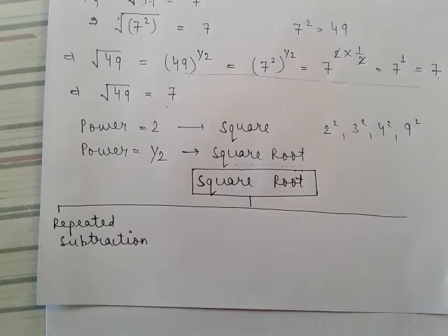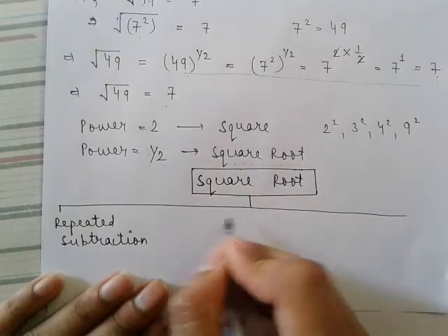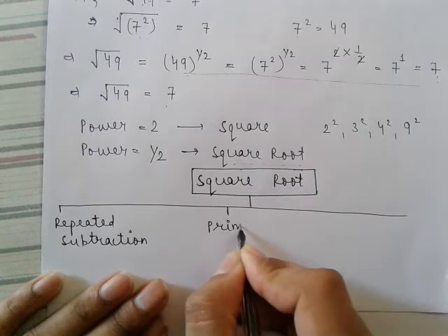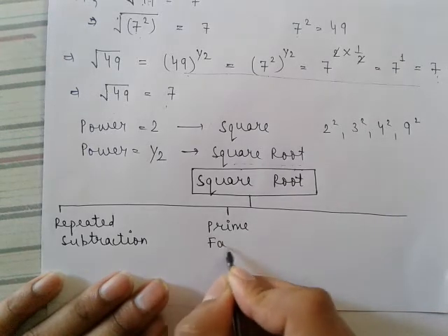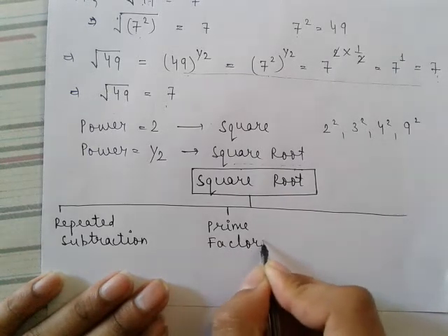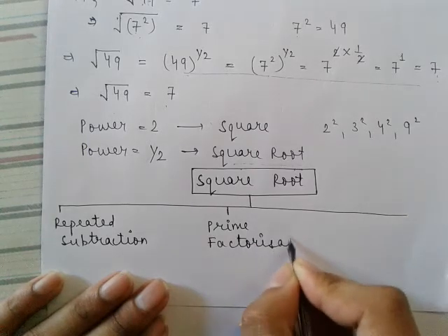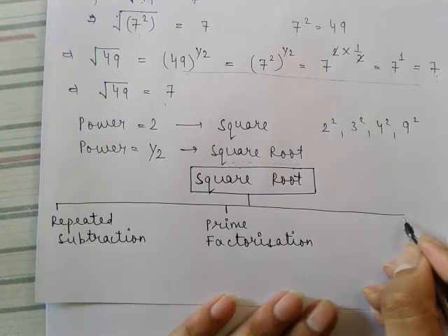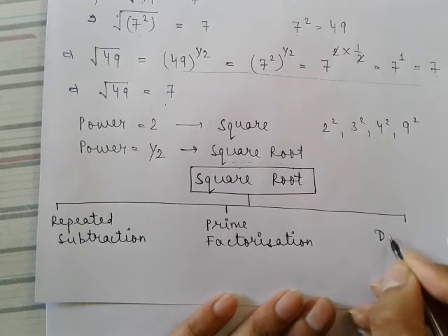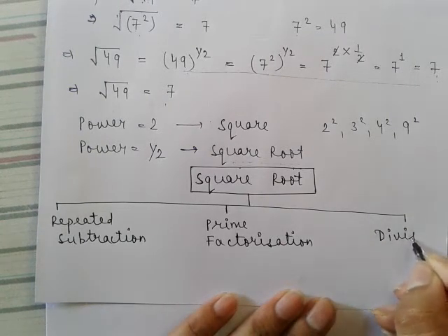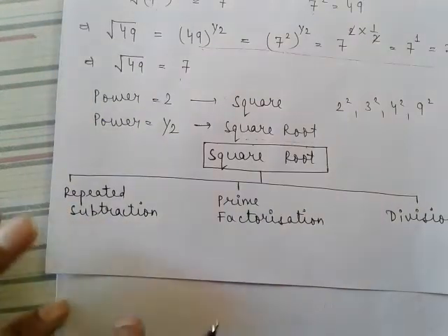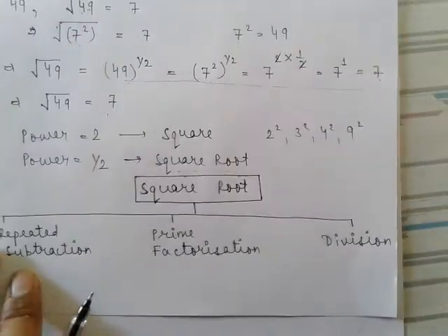Then the second one is the prime factorization method. And the last one is the division method. We will learn these methods one by one. So the first one is repeated subtraction.